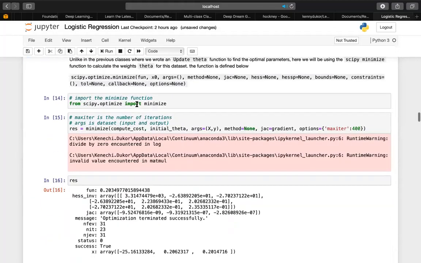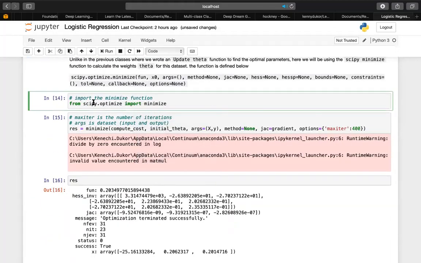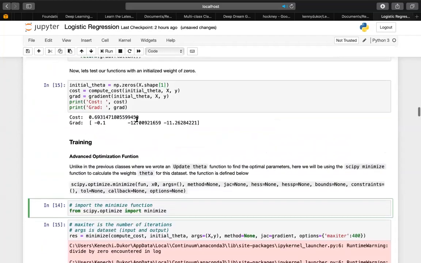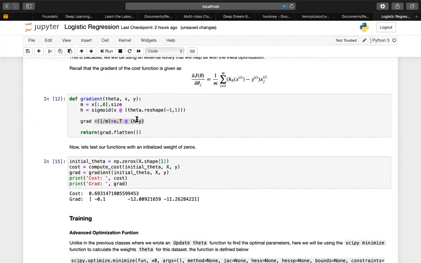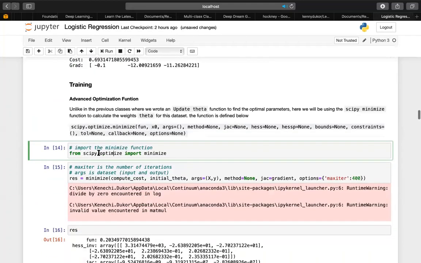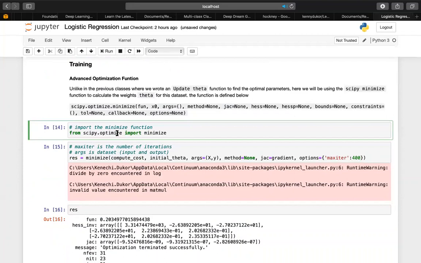Now what we are going to do is use a library called scipy. We are going to pass in these functions that we have defined. So we are defining our own functions, and then passing these functions to this scipy optimizing algorithm, and then it does the optimization for us.